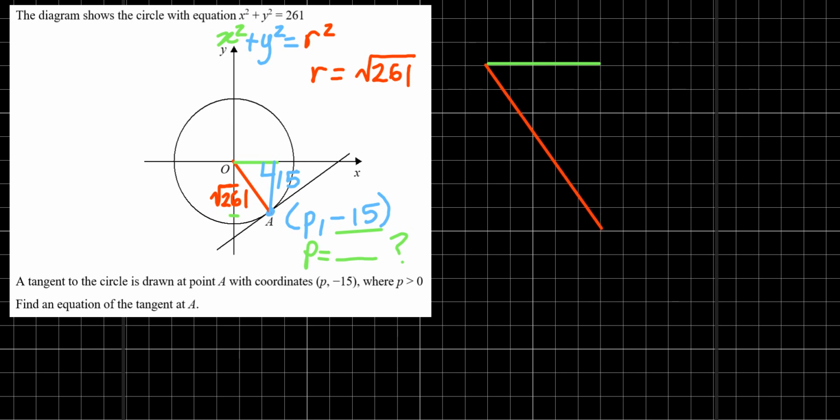We know this side is 15 centimeters, this is a right angle, and we know that this is the square root of 261.